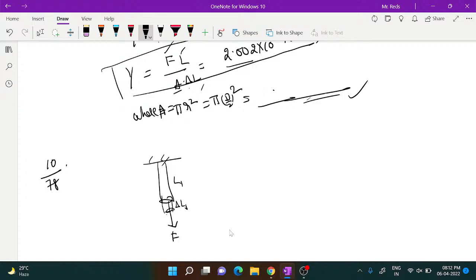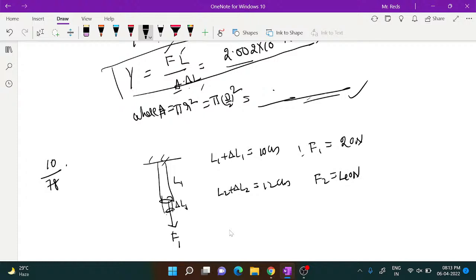L1 plus delta L1 is 10 centimeters when F1 is 20 Newton. Similarly, for another wire, L2 plus delta L2 is 12 centimeters when the tension F2 is 40 Newton.